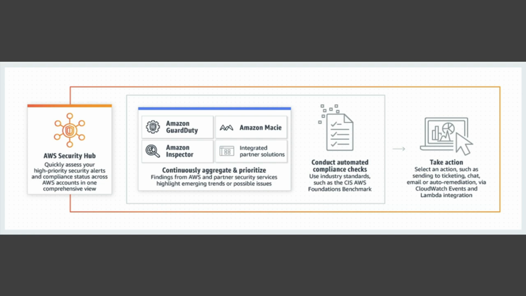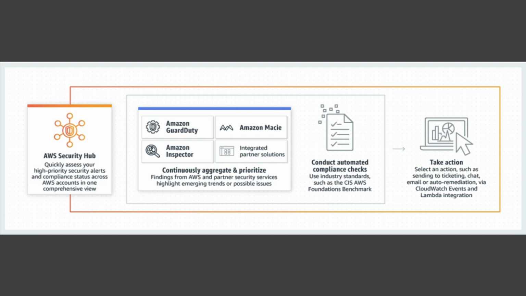Now, the remediation can be done by writing a Lambda function or Python function to remediate your issue. But Security Hub is not able to remediate the issue automatically. It will only give you findings of the potential risks present in your environment.